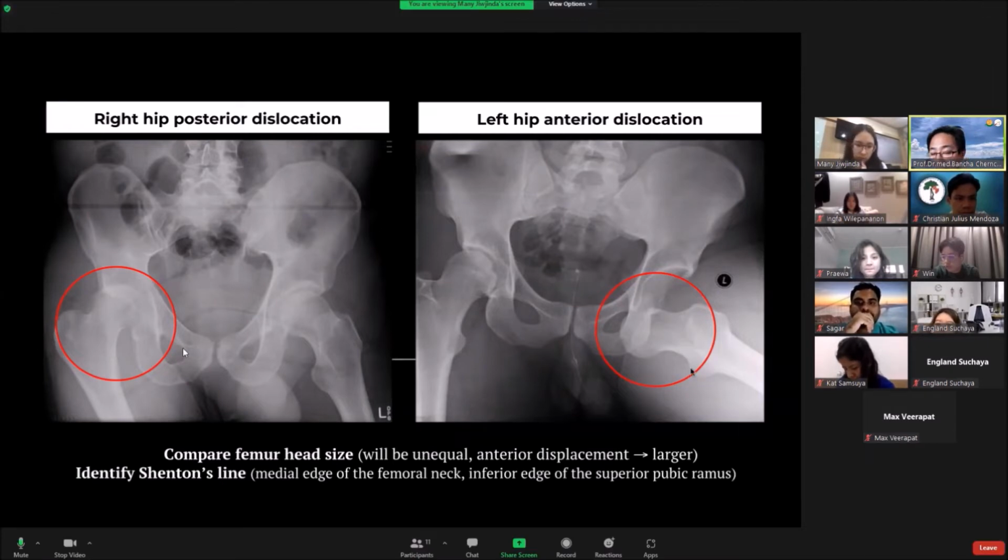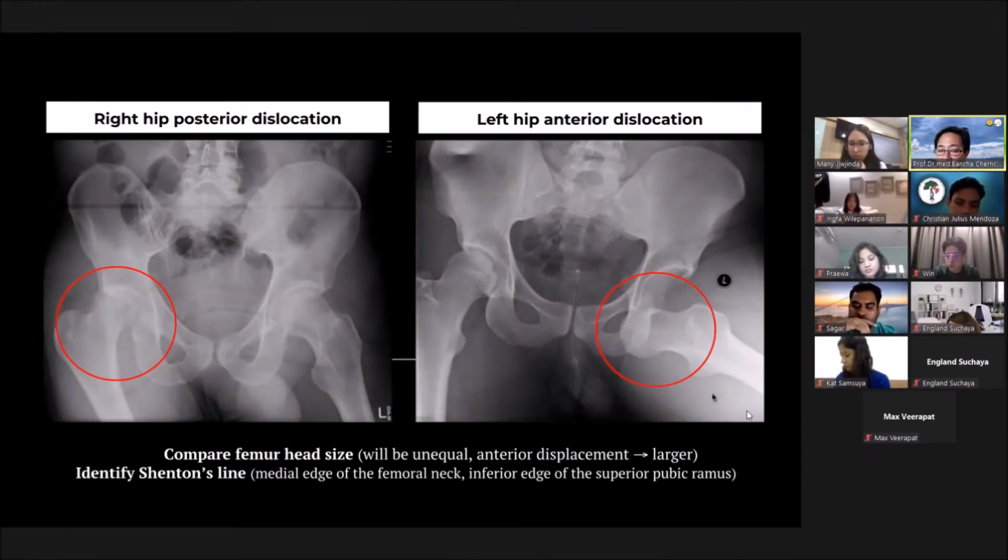But on external rotation, in the anterior dislocation, you can see the lesser trochanter obviously, because the hip abducts and externally rotates. The lesser trochanter is at the back, so when the hip dislocates anteriorly, the leg externally rotates and you can see the lesser trochanter.